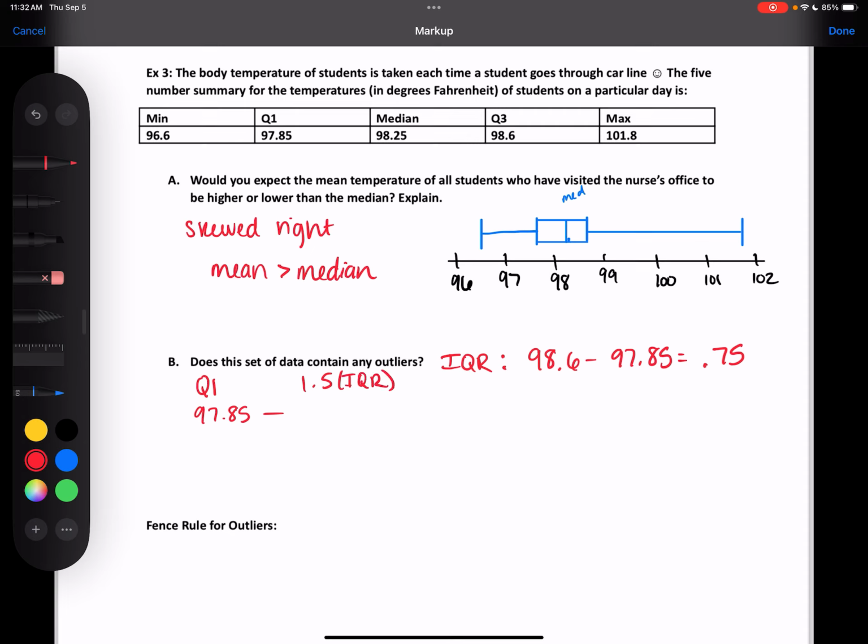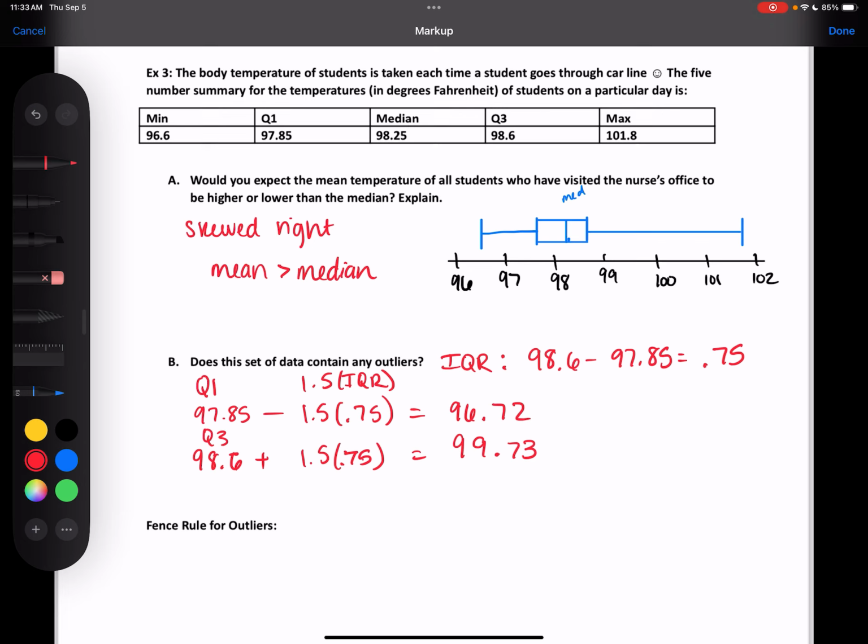So 1.5 times 0.75, and just for the sake of time, that's 96.72. Then 98.6, which is my Q3, plus 1.5 times 0.75 is 99.7. I can't tell if it's a 2 or a 3 on my paper. I'm going to write a 3, but just know if you actually do the math, it might be off by a decimal, like 0.02 or 0.01.